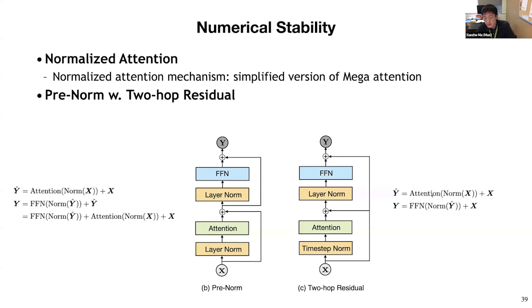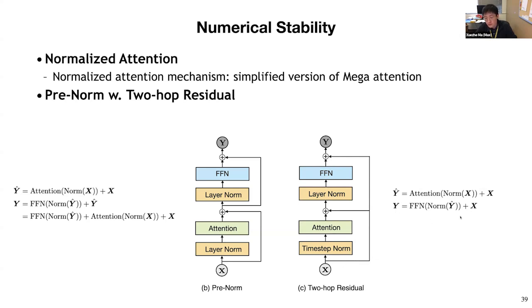Our modification is very straightforward. We just reuse the original input X as the residual connection. For attention, it is the same, but for the FFN component, we do not update the residual connection. We still use X as the residual connection.